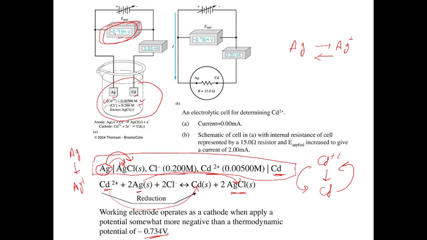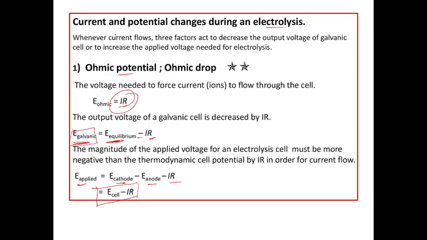So what you are thinking here? The sign will be changed. So E cell will be minus here, and it will be minus IR.